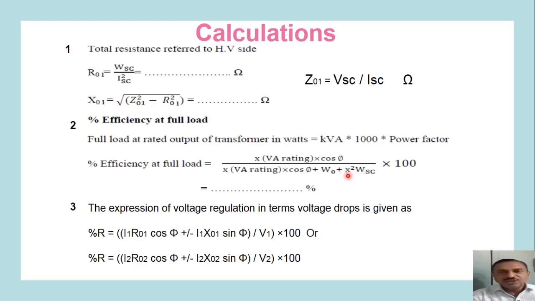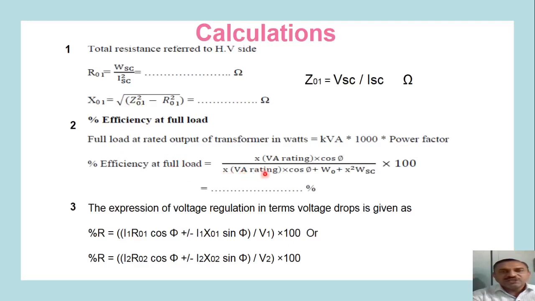Now in this equation we are using X as a parameter. So X denotes the fraction of the full load. If we have to calculate at full load, X will be equal to 1. If we have to estimate the efficiency at half load, then put the value of X as 0.5. If you want to calculate efficiency at 3/4 of full load, then X will be equal to 3/4.